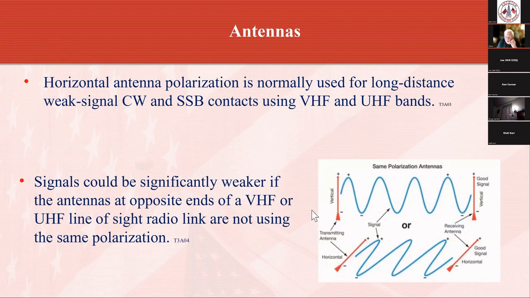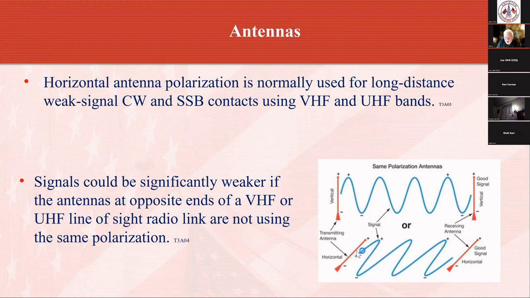Now, you see that here we have a vertically polarized signal. This would be if you could stop time and then walk along the radio wave, this is what you would measure. You would see the signal varying in a vertical direction. And see, the antennas are vertical.